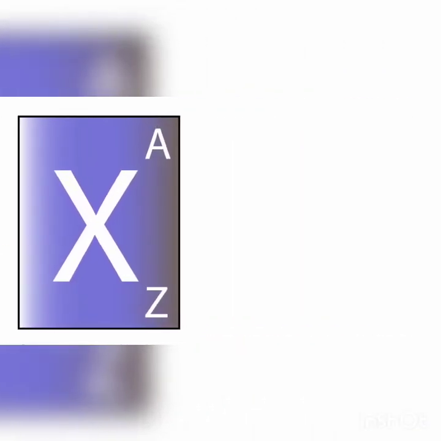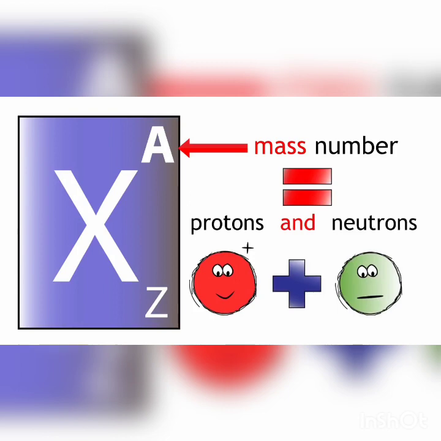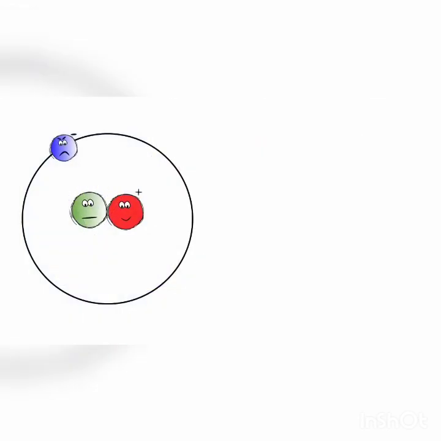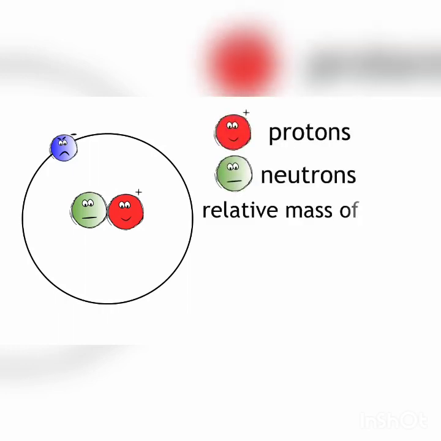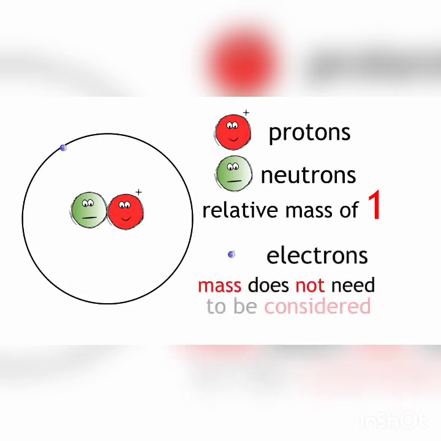The next one is the mass number. The mass number has the symbol A. The mass number is the sum of protons and neutrons present in each atom of an element. Remember, protons and neutrons each have a relative mass of 1, and electrons are so small that their mass does not need to be considered in the mass number of the atom.